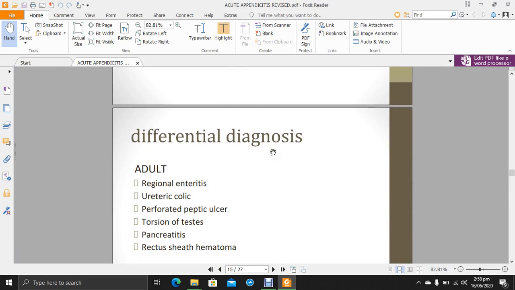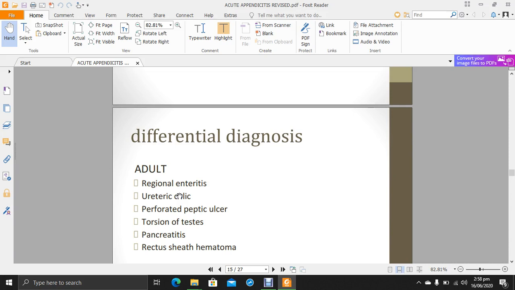Now the differential diagnosis in adults. Regional enteritis, ureteric colic. Remember this. In acute appendicitis, the patient would guard the muscle if you exert pressure in the right iliac fossa, but the differentiating point between ureteric colic and acute appendicitis is that the patient would preferably exert pressure in the right lumbar region.